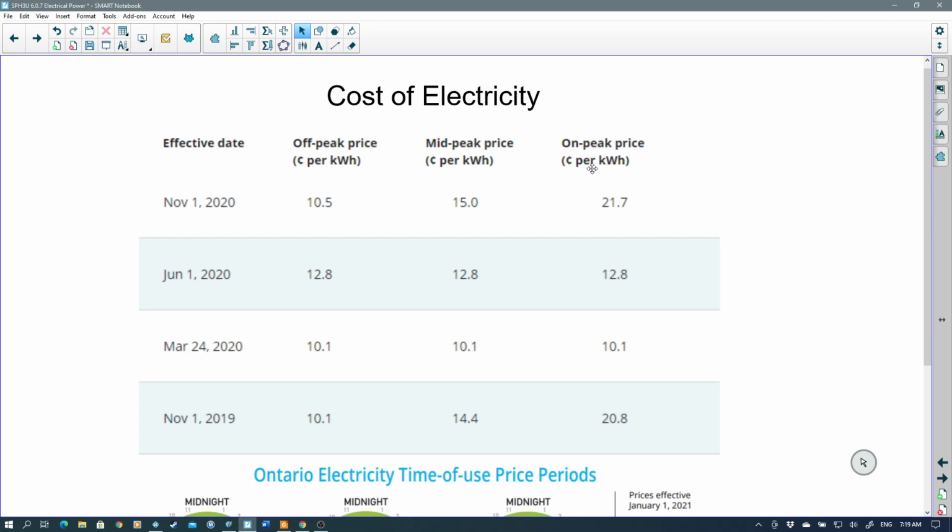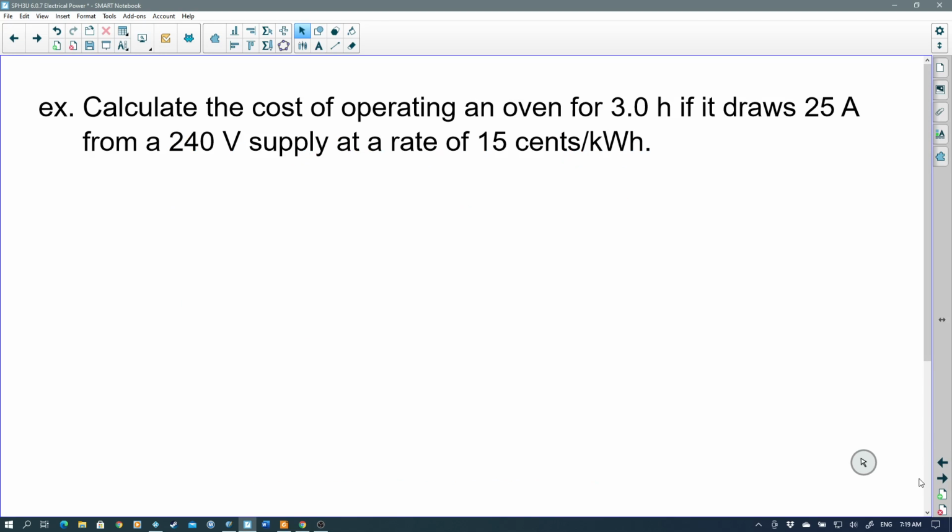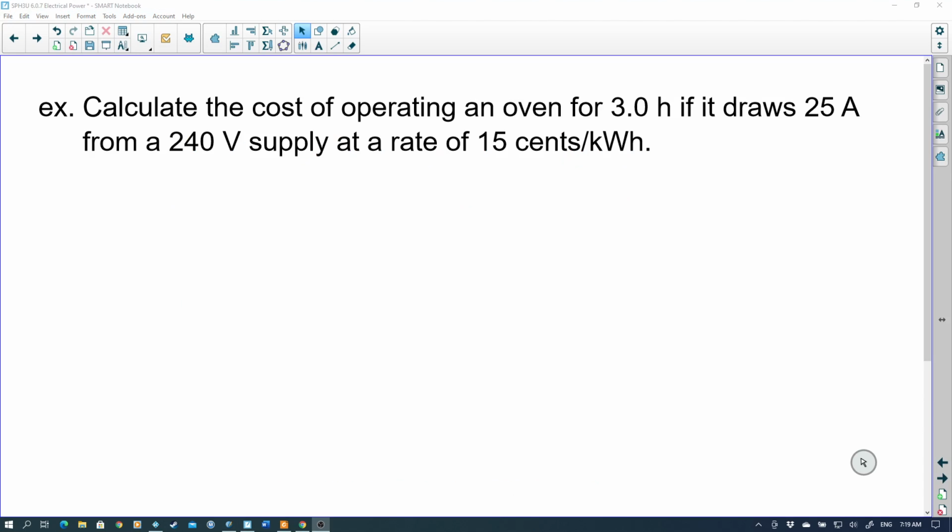Now, what is a kilowatt hour? And how do we use this to actually calculate how much electricity costs? So if you look at this question, calculate the cost of operating an oven for 3 hours if it draws 25 amps from a 240 volt supply at a rate of 15 cents per kilowatt hour. Well, we see kilowatt hours there.